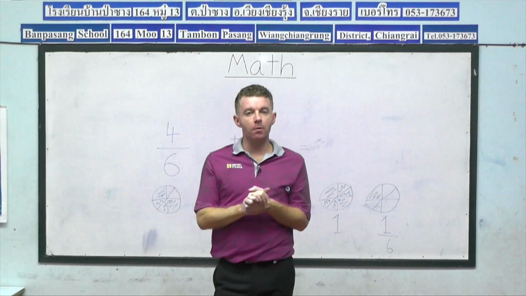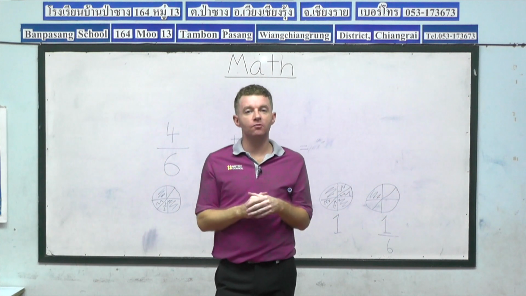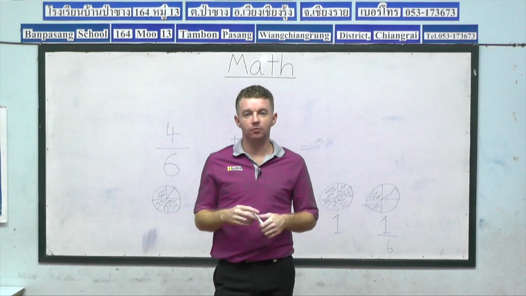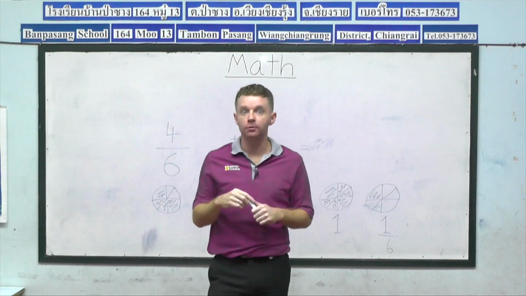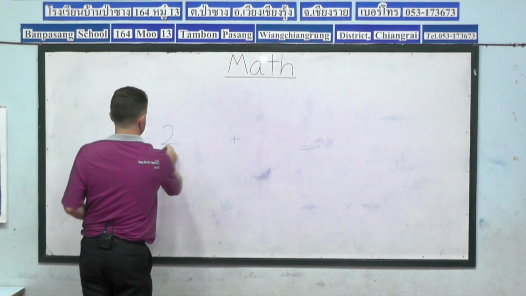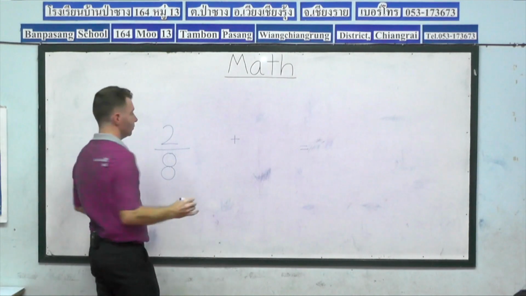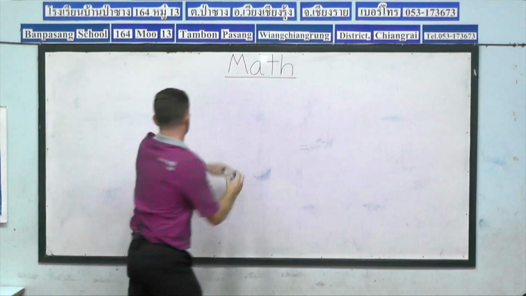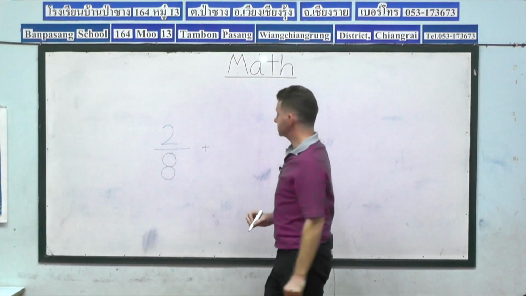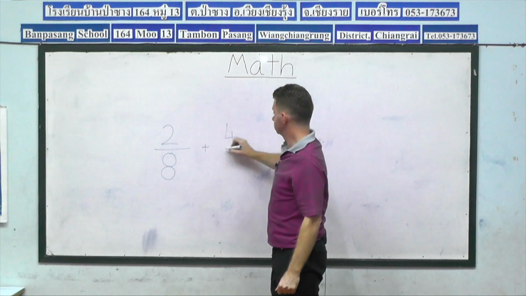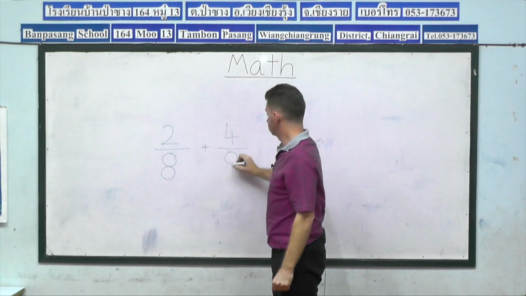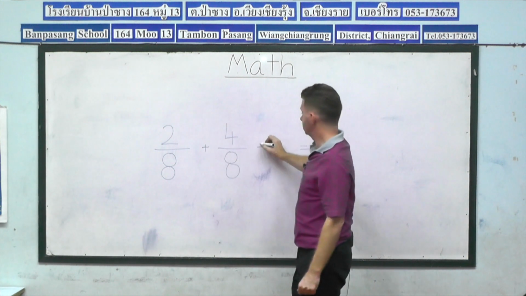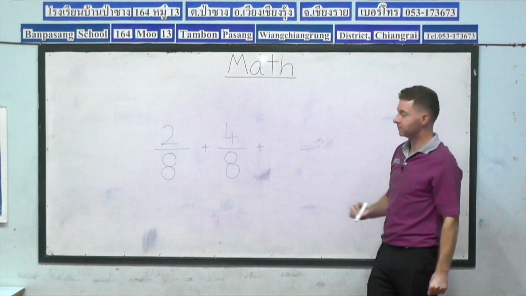Now let's do one more together before our students move on to their worksheet activity, just so they're clear about using whole numbers. 2 over 8, okay? Plus 4 over 8, plus 3 over 8.